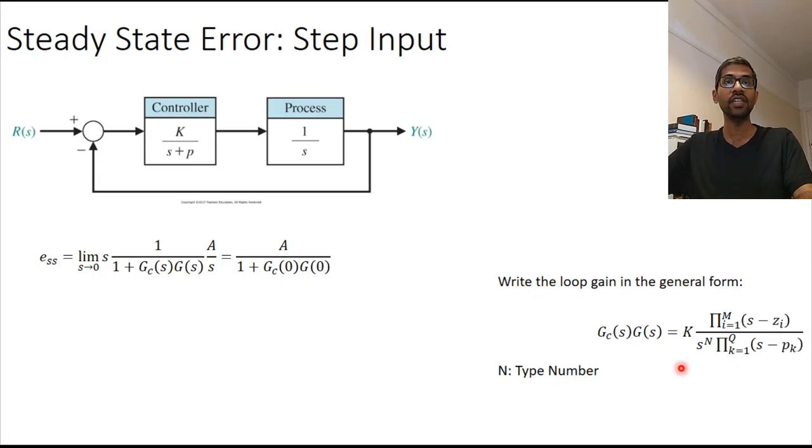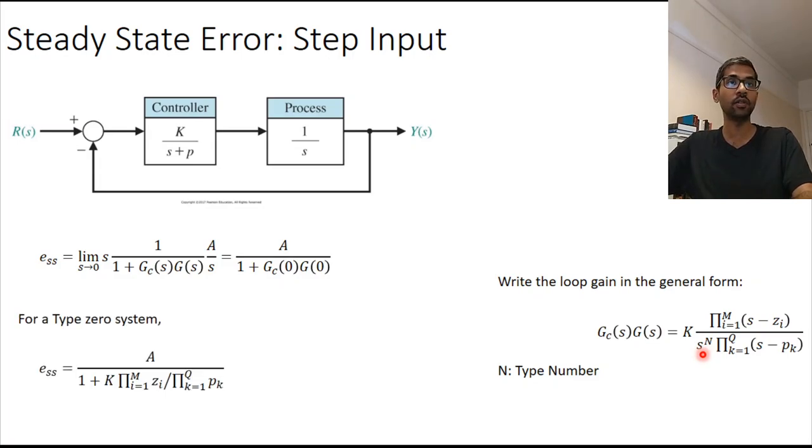Now, if we assume that the type of our system is zero, that is, there is no pole at the origin at s equal to zero, then this equation becomes fairly straightforward because there is no zero in the denominator, and it will turn out to be this equation, right?